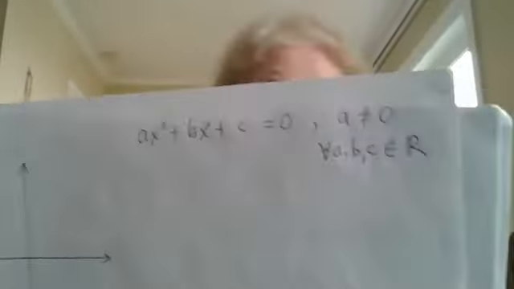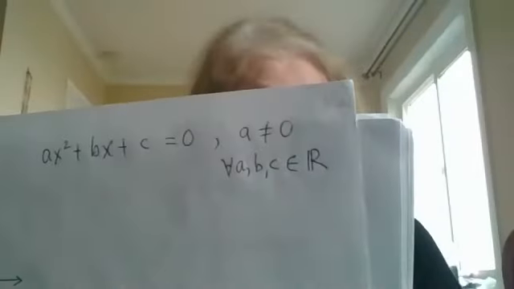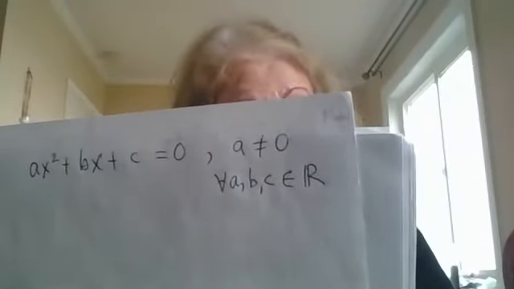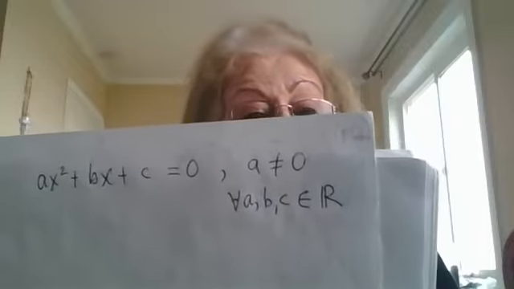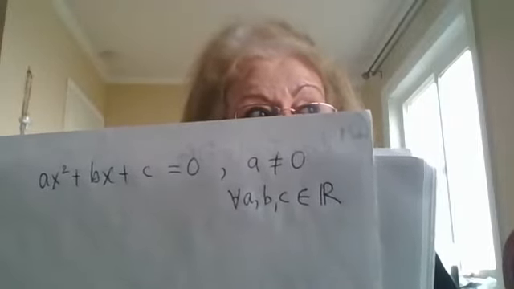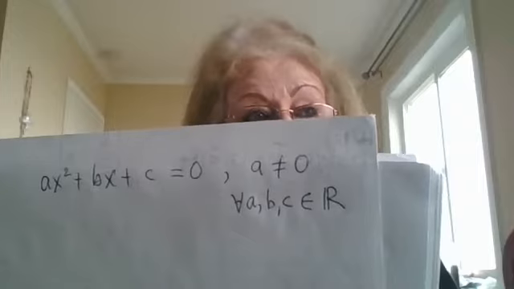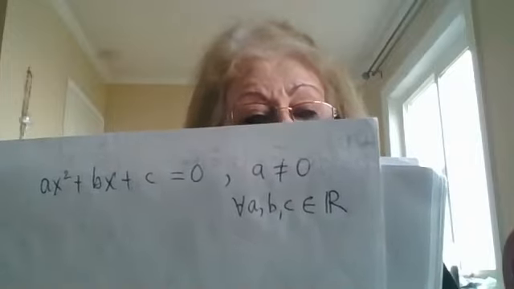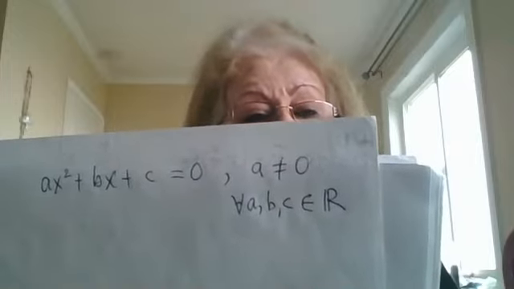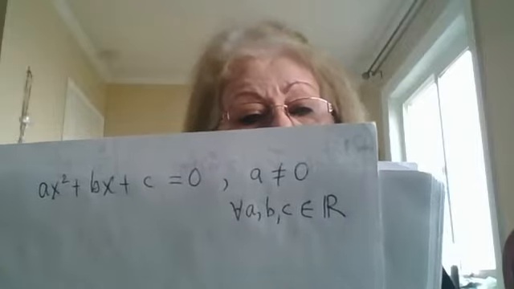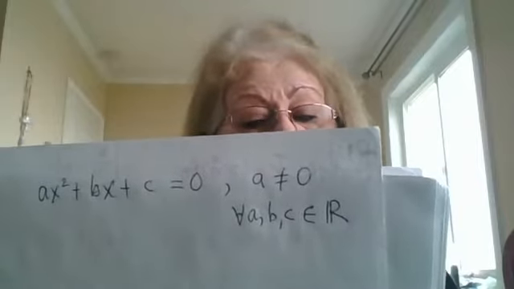But you can see, the first thing I wrote down is that a should not be equal to 0, because if a is 0, we cannot talk about a quadratic equation. It will not be quadratic. Just cover the ax squared term with your finger and you can see it becomes linear.